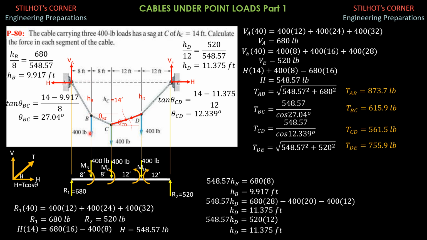So in general, when the loads are vertical or projected upon the horizontal, if the tension in the cable is T and it makes an angle of theta with the horizontal, then these are the components of tension.